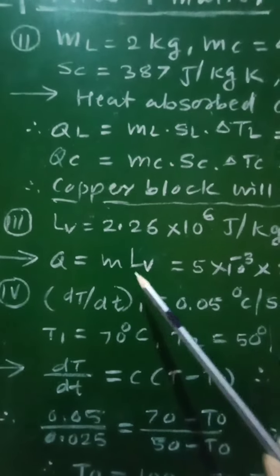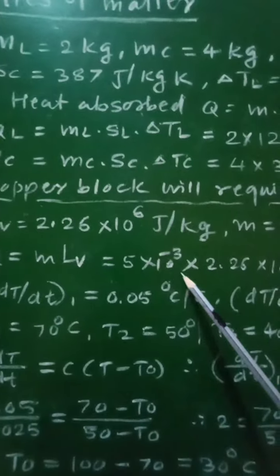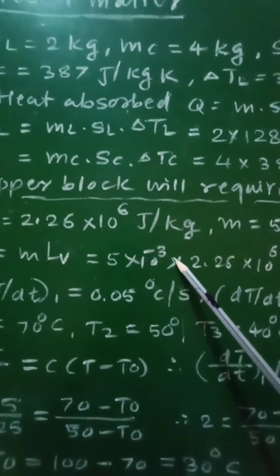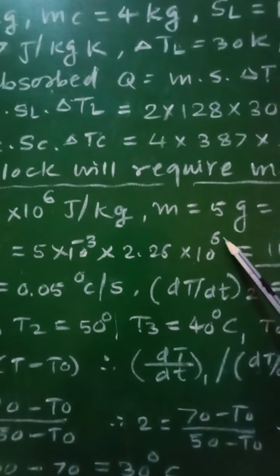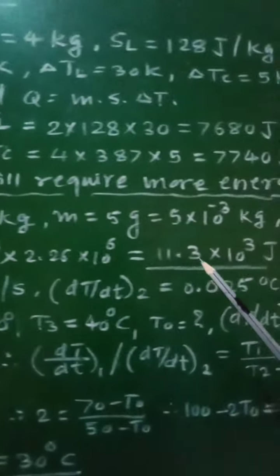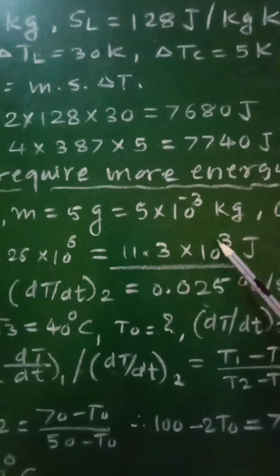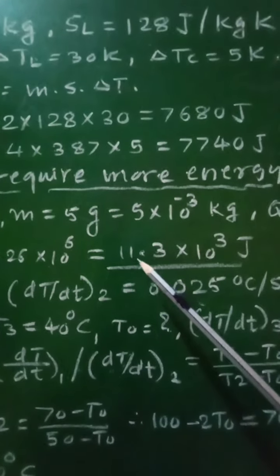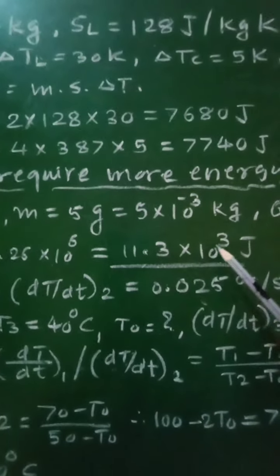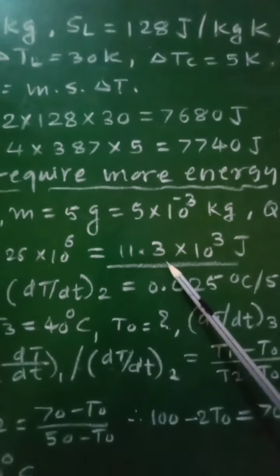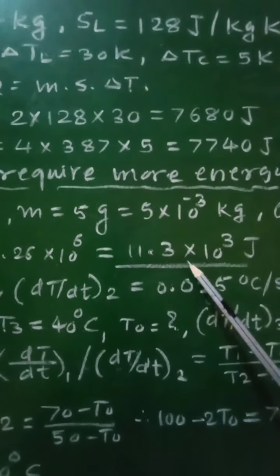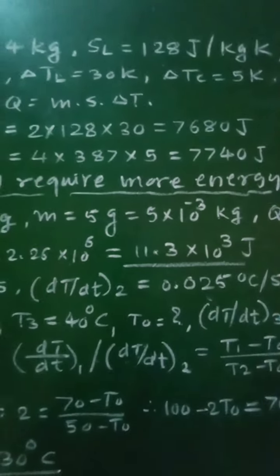Putting the values, we will get 5 into 10 raised to minus 3 into 2.26 into 10 raised to 6. The product of this comes out to be 11.3 into 10 raised to 3 joule. This will be the heat energy required to convert that substance into steam.